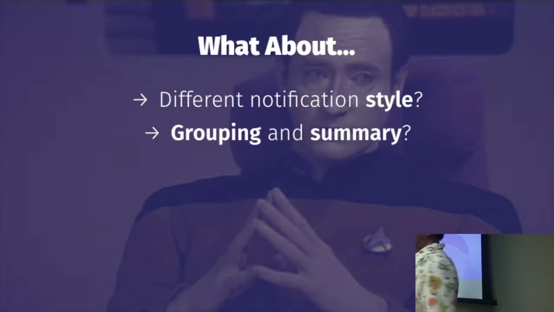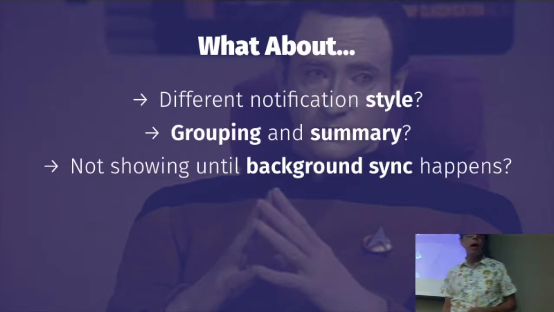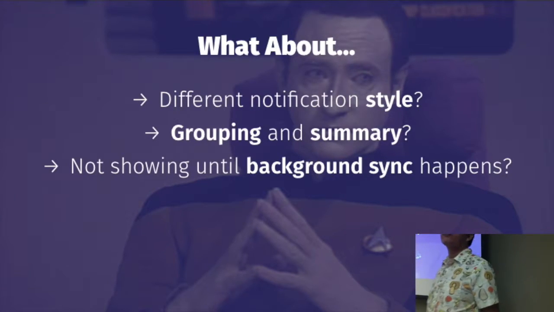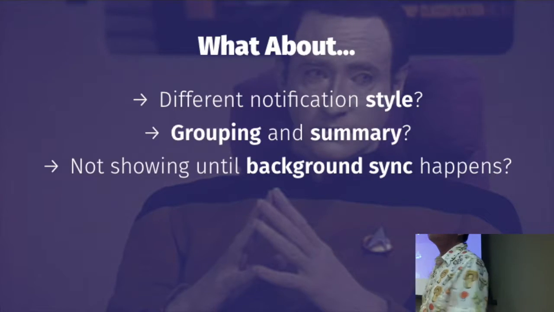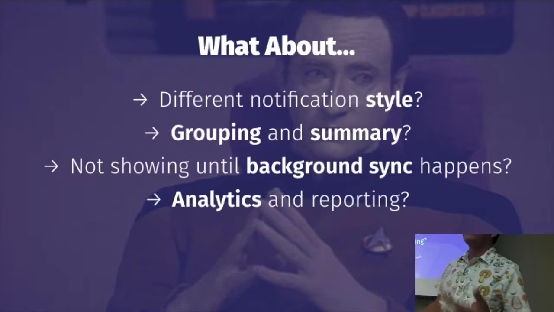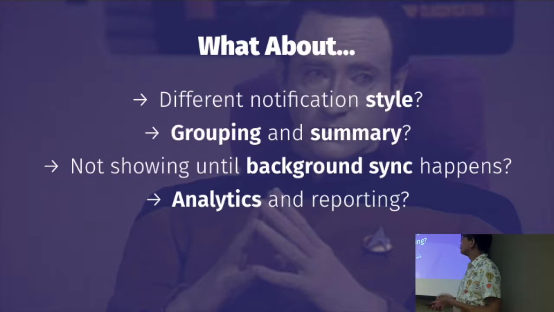What if you want to group and summarize them? What if instead of having that notification displayed, you want to do something else before it's displayed, or even have the flexibility to say, I don't want it to be displayed right now, but later. And lastly, if I can achieve all this customization, what will happen to my analytics and reporting?